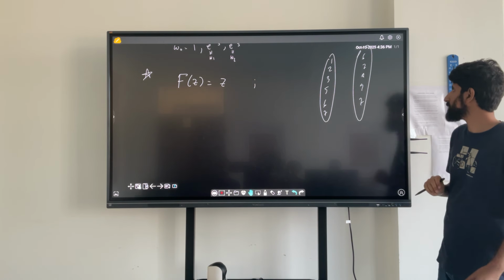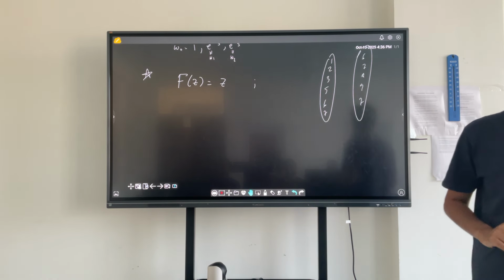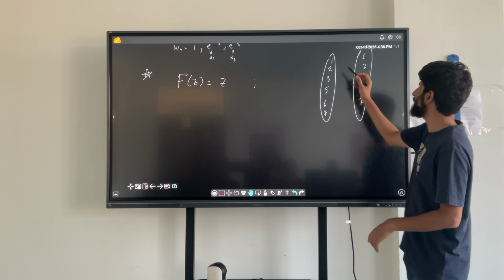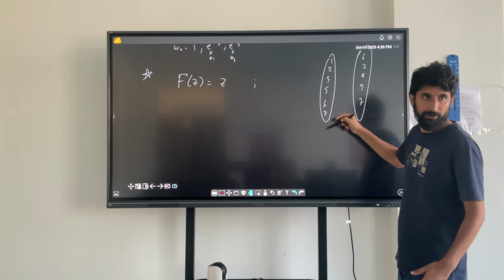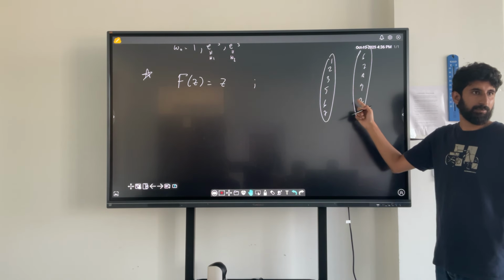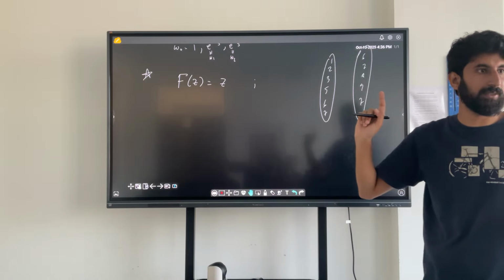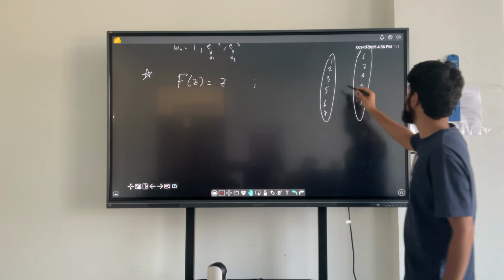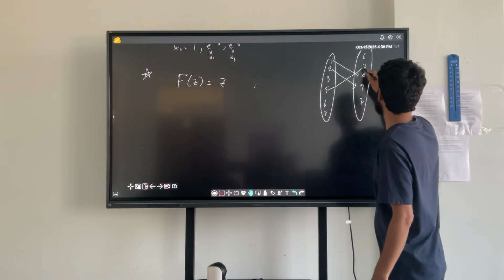Now, a special kind of relation is called a function, and that relation should have these properties. For every input, there should be an output. And no input should give you two outputs, something I forgot earlier. So this is allowed.